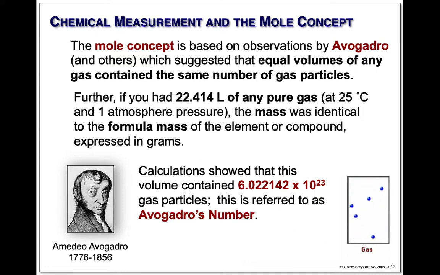Nonetheless, he was able to calculate that if you had 22.4 liters of any gas, the mass of that was equal to the formula mass of the compound. Now we'll talk about what this is in a second. And he also was able to show that the 22.4 liters contain 6 times 10 to the 23rd particles.